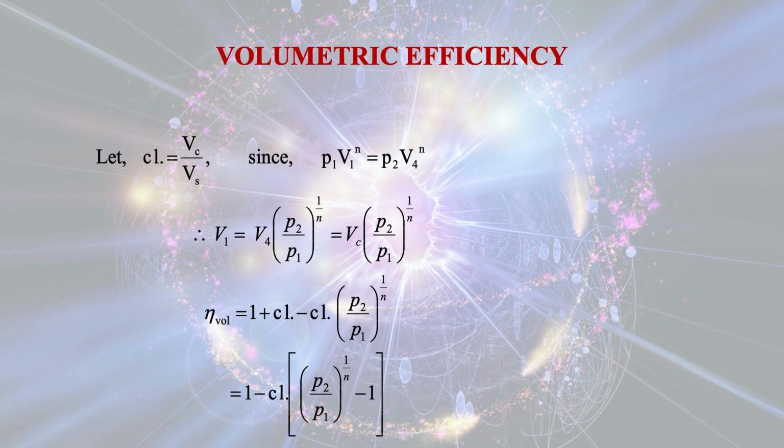So V1 is equal to Vc multiplied by P2 by P1 whole to the power 1 by n. After rearranging these expressions, the volumetric efficiency is equal to 1 plus CL minus CL multiplied by P2 by P1 to the power 1 by n. Finally, we get the expression: eta volume is equal to 1 minus CL multiplied by P2 by P1 to the power 1 by n minus 1.